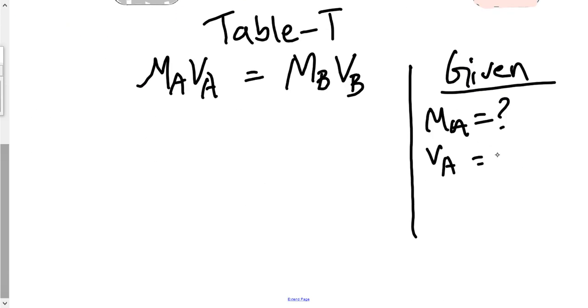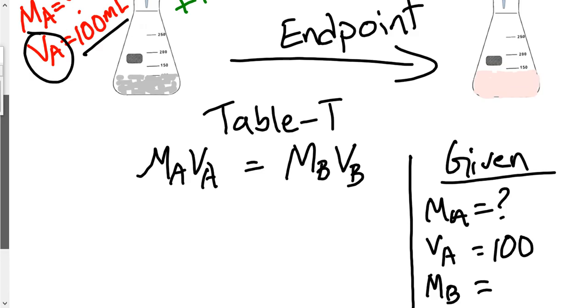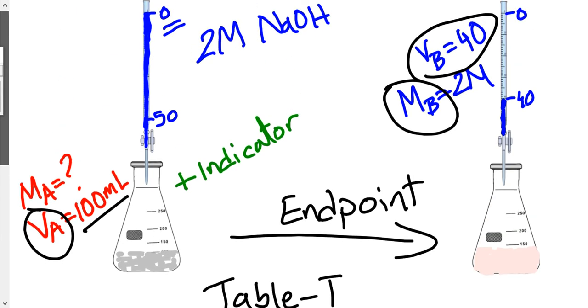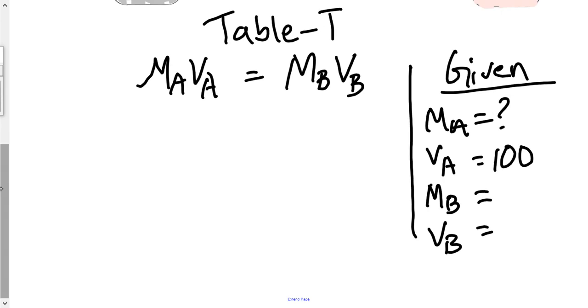So Va was 100 milliliters. Then I have to look for Mb and Vb. Remember, you're only solving for one unknown at a time. So Mb was 2 molar and Vb was 40.